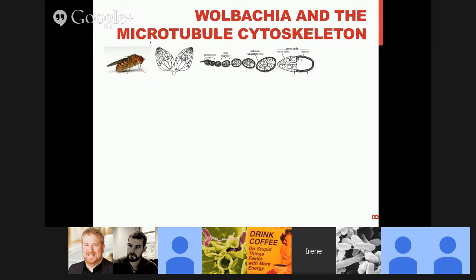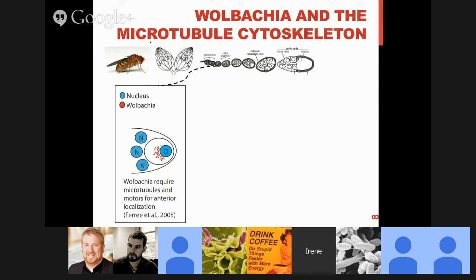And what's nice about this system for us is that it allows us to look at localization and titer of Wolbachia throughout the development of the oocyte. And what other people had shown previously was that very early on, during the process of oogenesis, Wolbachia localizes to what's going to be the oocyte. And it does this in a kind of curious anterior localization.